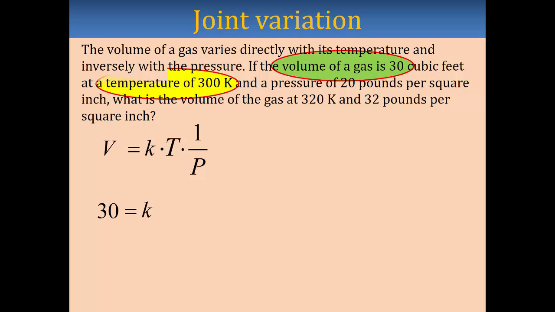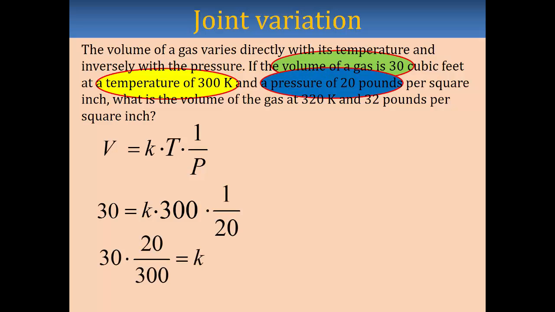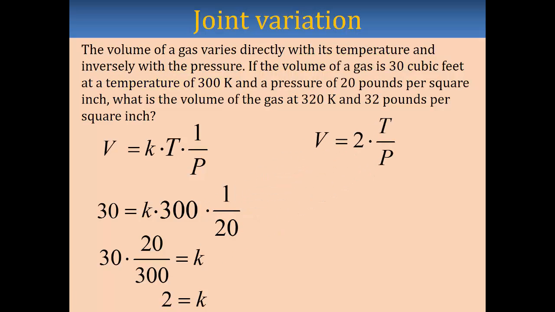In place of the T, we're going to use 300. In place of the P, we're going to use 20. And solve for K. Rewrite our original equation. And then answer the question. T is 320. P is 32. We would get 20.